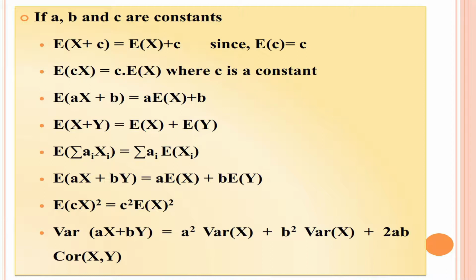If a, b and c are constants, expectation of x plus c is equal to expectation of x plus c, since expectation of c is equal to c. Second property, expectation of c multiplied by x is equal to c multiplied by expectation of x.